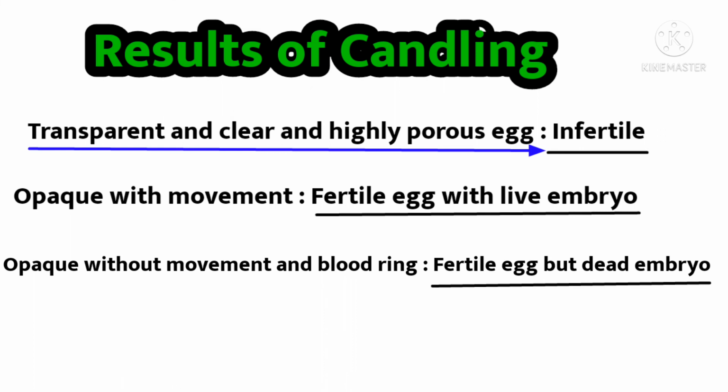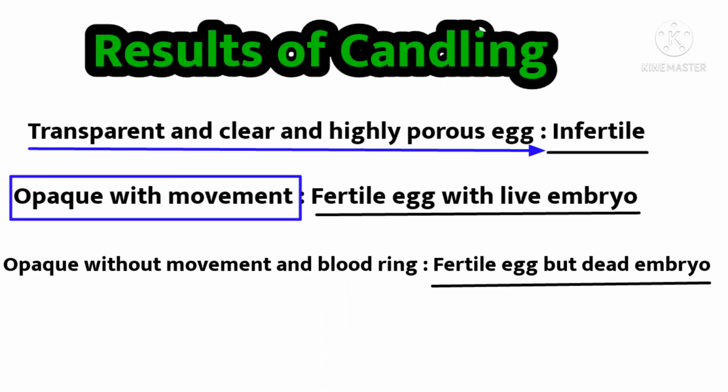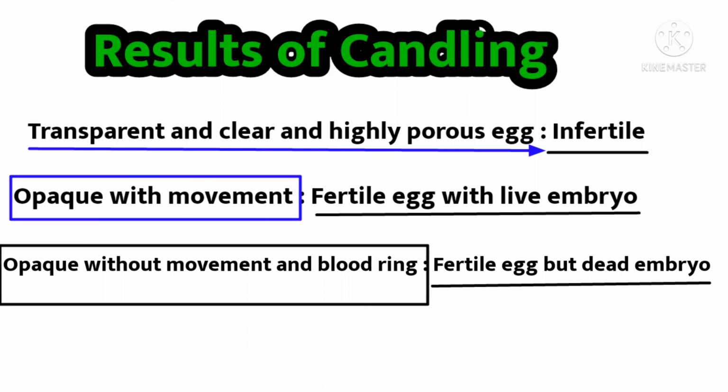When the egg is fertile with a live embryo, it is opaque with movement inside, and when the egg is fertile but has a dead embryo, the egg may be opaque without movement and blood rings are observed inside the egg. So for better understanding of the candling process, you should remember all the short steps of the embryonic development during the hatching process.